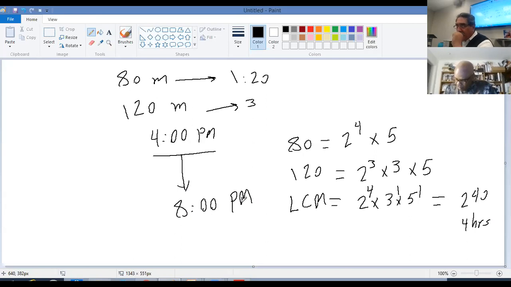Follow me? So remember, you select every prime factor that occurs, raised to the greatest power to which it occurs in the factorization. You have to pick all the primes, 2 and 3, okay?